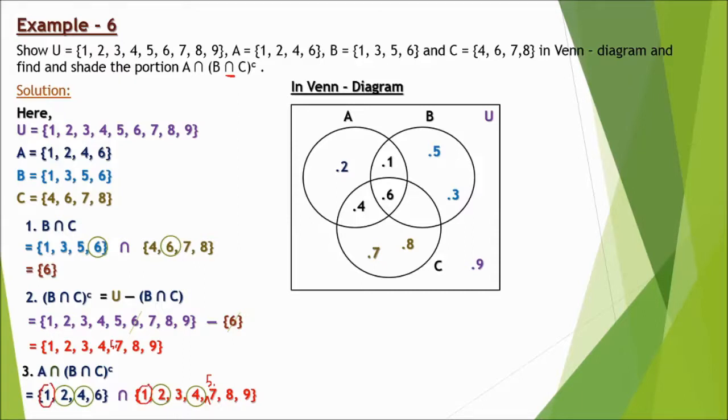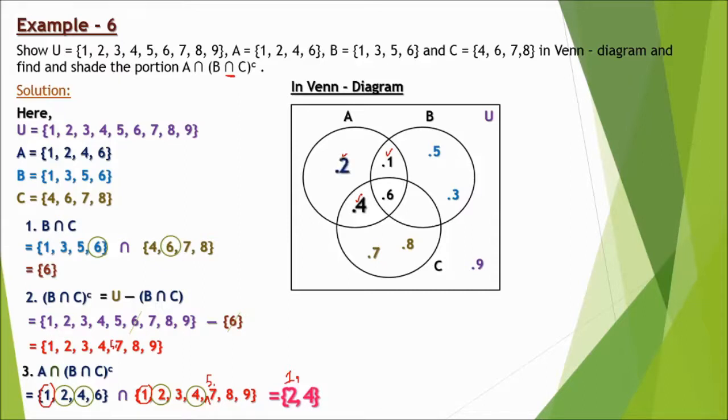So 1 is missing. 1, 2, and 4 are our final elements. So 1, 2, and 4 must be shaded. Where are 1, 2, and 4? Let's shade that region.